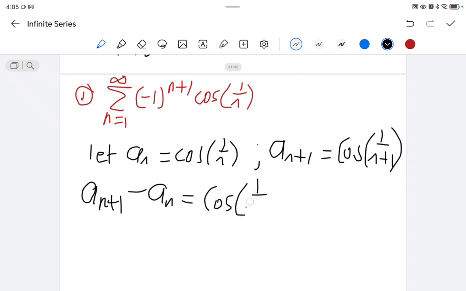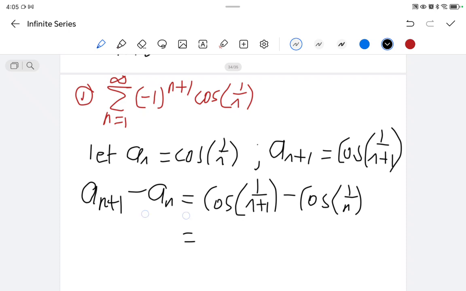There's also a simpler way: cos of 1 over n plus 1 minus cos of 1 over n. Or maybe I can use a P series, that's fine. I could use a P series, which could also be simple.